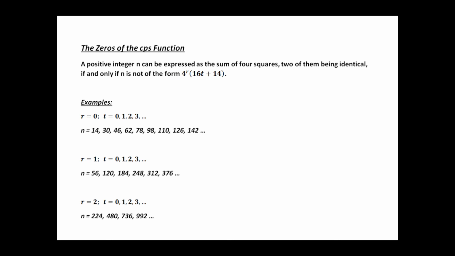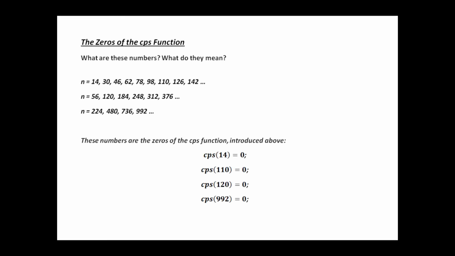If r equals 1, and t changes, one gets the sequence 56, 120, 184, 248, 312, 376, and so on. And finally, if r equals 2, and t changes, one gets the sequence 224, 480, 736, 992, and so on.